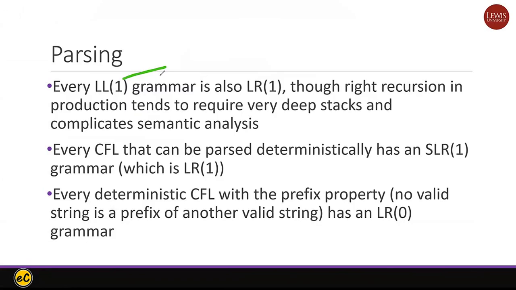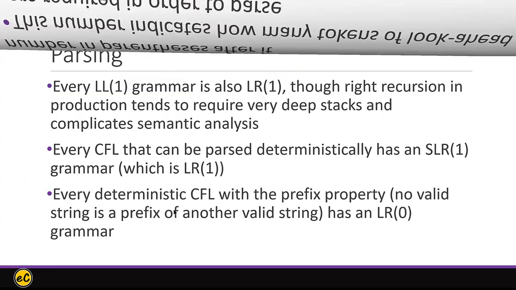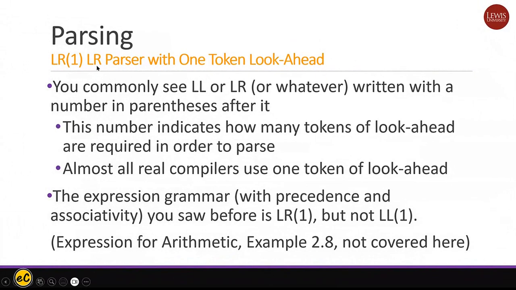One means one token look-ahead, one word look-ahead. LR1 also has one look-ahead. So the number predicts how many characters, words, or tokens you look ahead. LR parsing with one token look-ahead is called an LR1 parser. So this is one family of parsers.